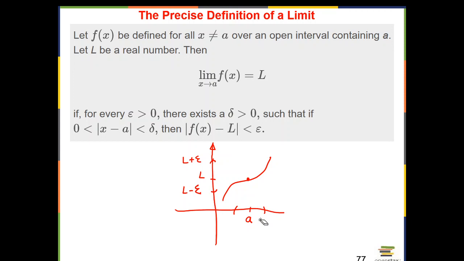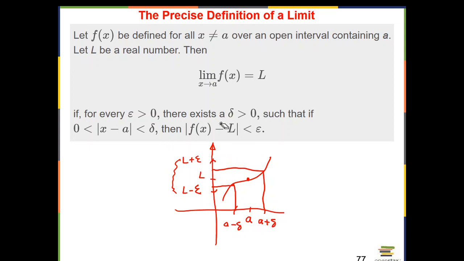Delta also is a small positive number, such that if x values are between a minus delta and a plus delta, then the y values will stay within this distance, which is epsilon units from L, right? So if I can find a delta that satisfies this for every epsilon that you come up with, then I have proved that the limit is L. That's how we prove it.